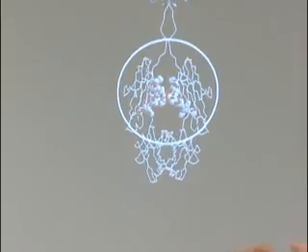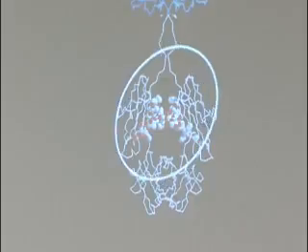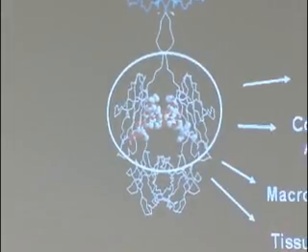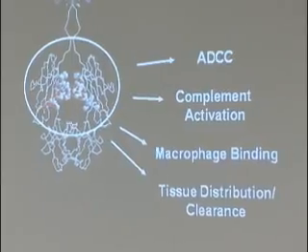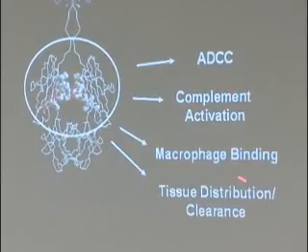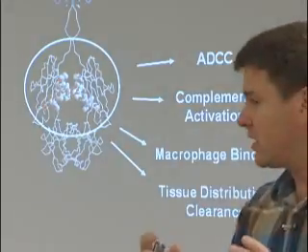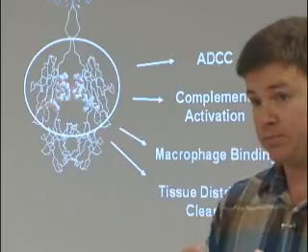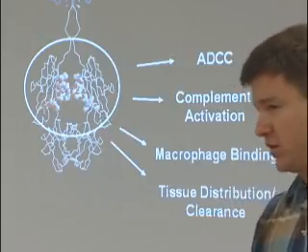Obviously they give structure to that pocket, they shape that pocket, and that is important for ADCC, which is antibody-dependent cell cytotoxicity, complement activation, macrophage binding, distribution, and clearance. So the glycosylation, although in the case of antibodies it is hidden inside this pocket, plays a very important role in the functioning of the antibody.